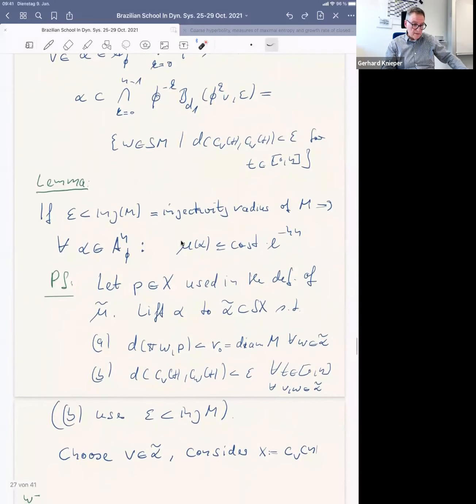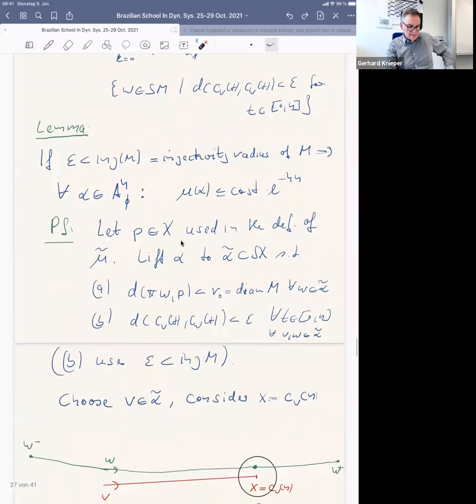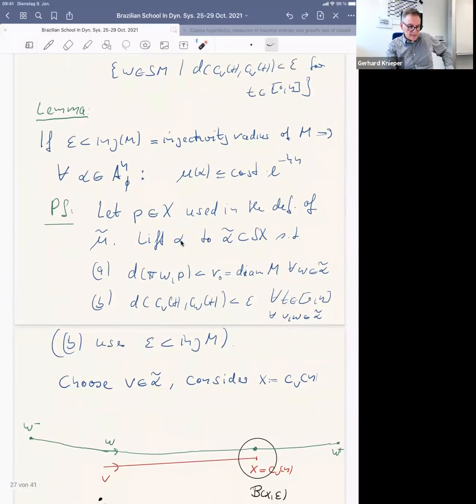We now lift the partition element alpha to a set alpha tilde on the universal covering, such that, the first thing is trivial, the projection of any vector in this lifted set has a distance smaller than R0, which is the diameter of M. That's just because you have this fundamental domain, and the diameter of the fundamental domain is basically the diameter of the manifold.